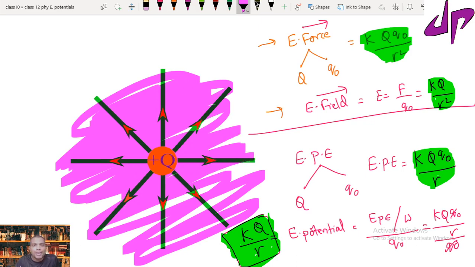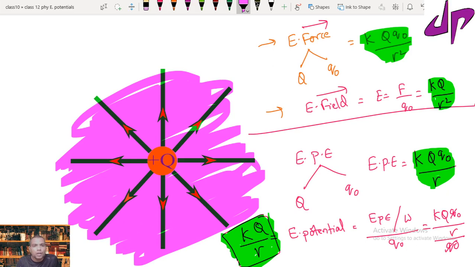But to get the electric field, we need only the source charge. To get the electrostatic potential energy, again we need two charges, the source charge and the test charge. Finally, to get the electric potential, we need only a source charge.